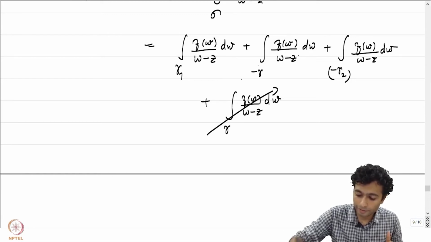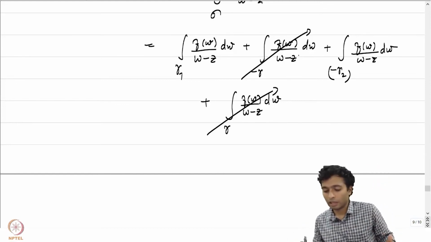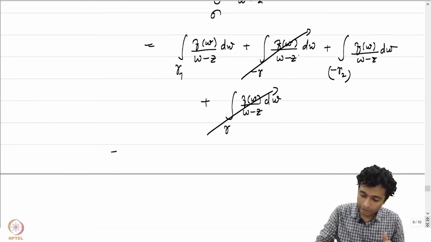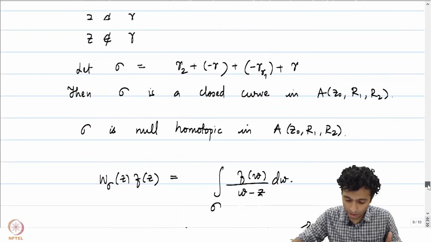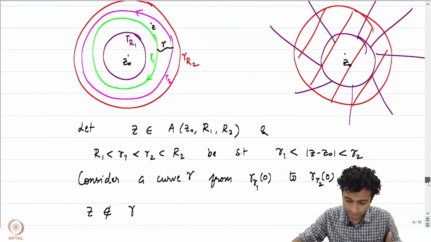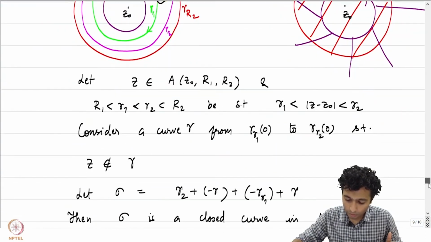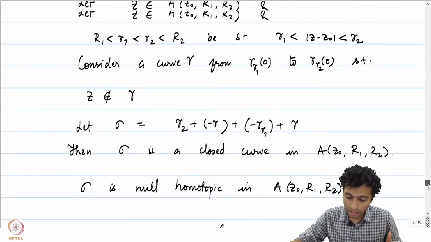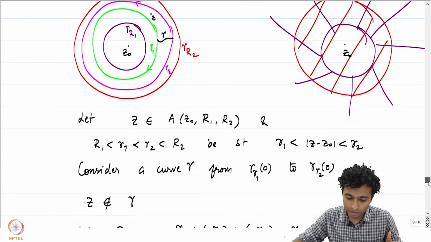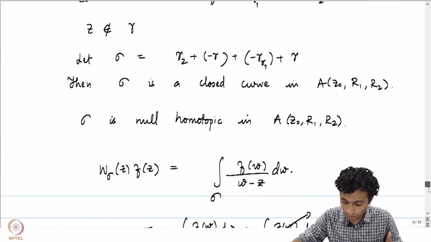This will cancel off with this being the inverse, and the first one is basically gamma 1, or rather gamma r1, I should be more precise. When I wrote gamma 1, it's just gamma r1, and gamma 2 is just gamma r2.